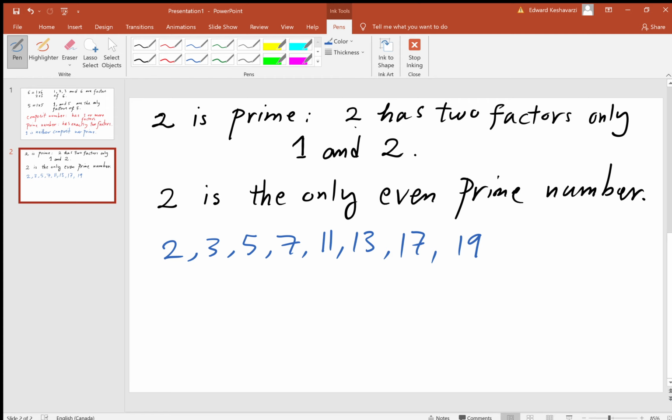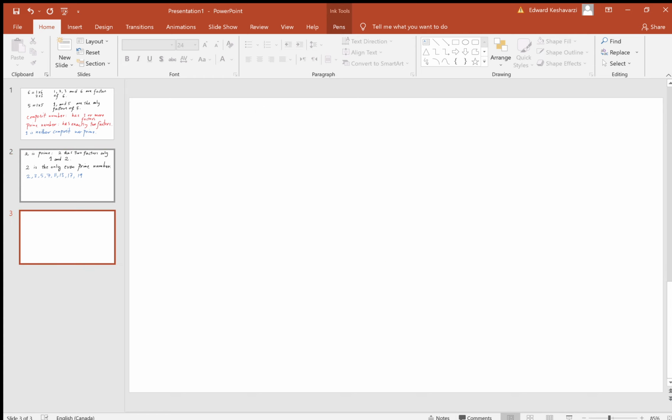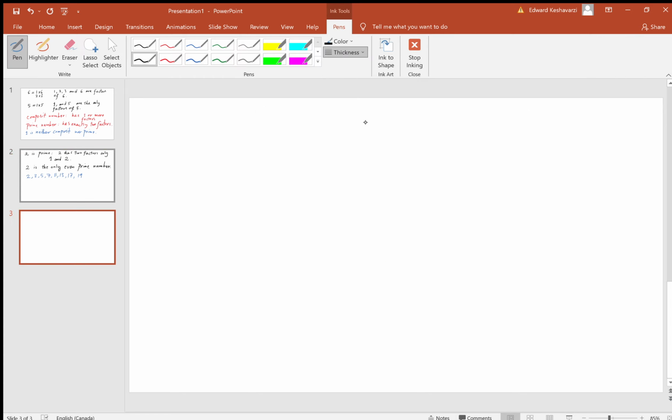So now that you are clear about the difference between composite numbers and prime numbers, let's try to break down all numbers to their prime factors. 24: I want to know 24 is made of how many and what prime numbers. 24 can be written as 6 times 4 or 3 times 8 or 2 times 12.